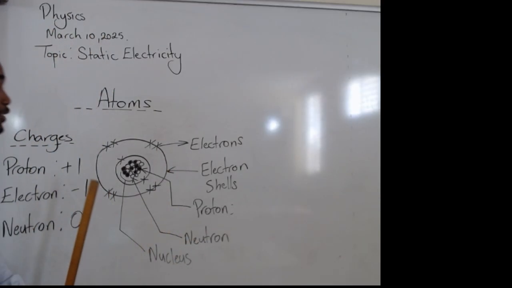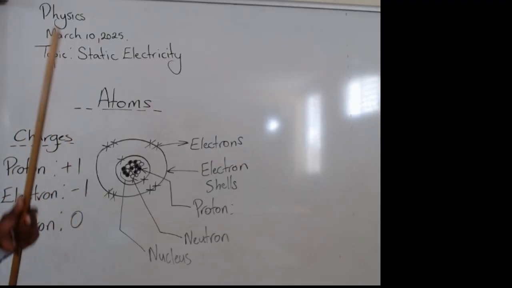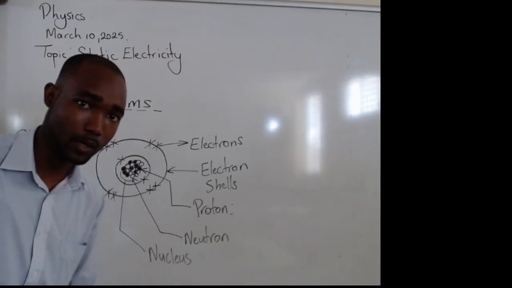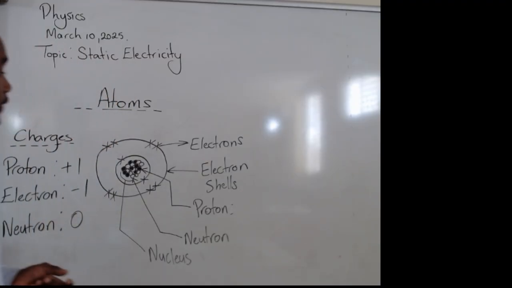Now, we said that electrons are negatively charged. They have a relative charge of -1. Protons are positively charged. They have a relative charge of +1.